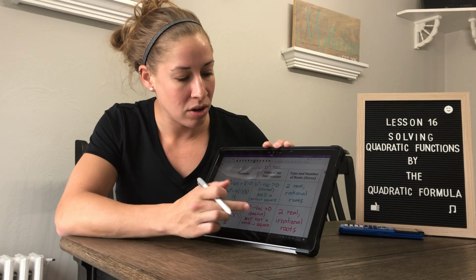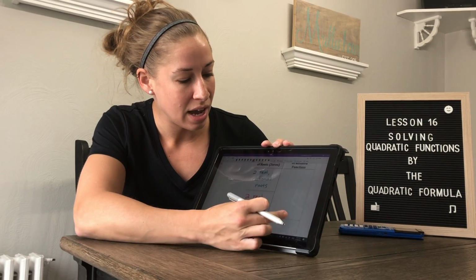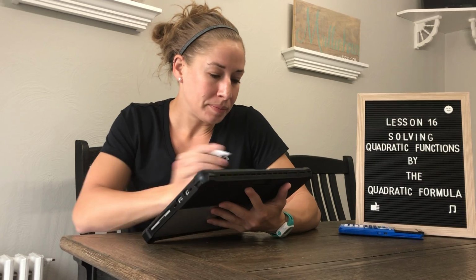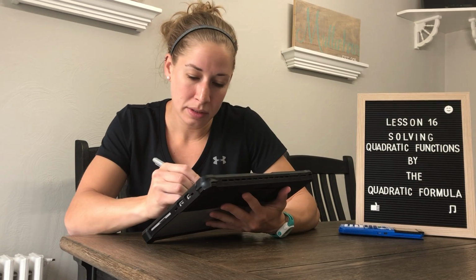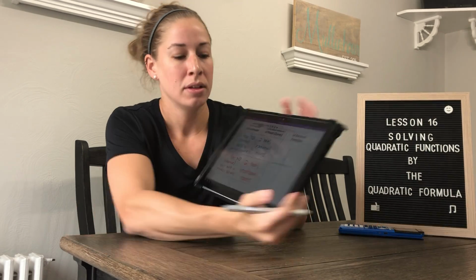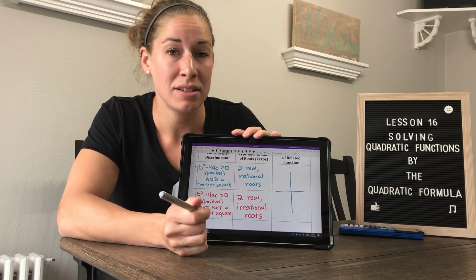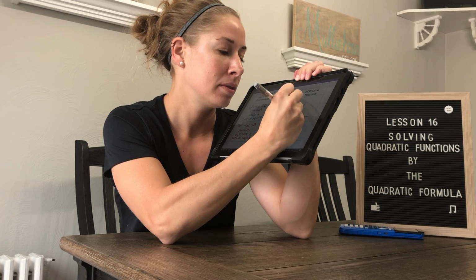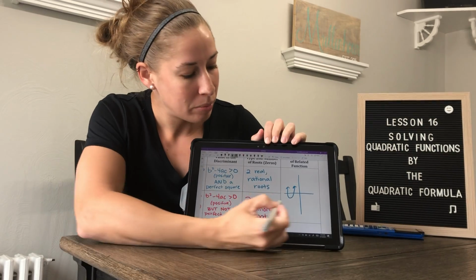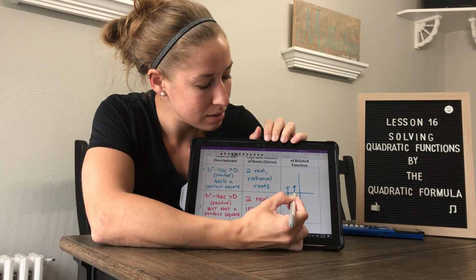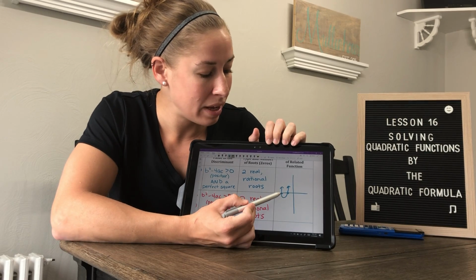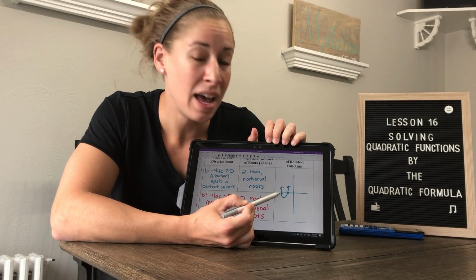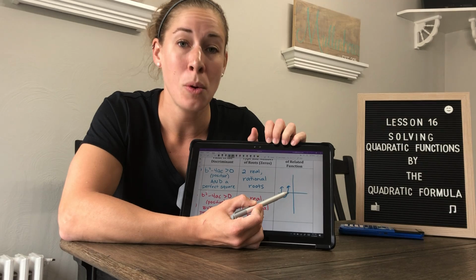What this would look like on a graph, over here to the side, would be if you have a parabola that crosses through your x-axis twice. So maybe it's opening up like that, but it's crossing through twice. And this might be negative 10, negative 4.